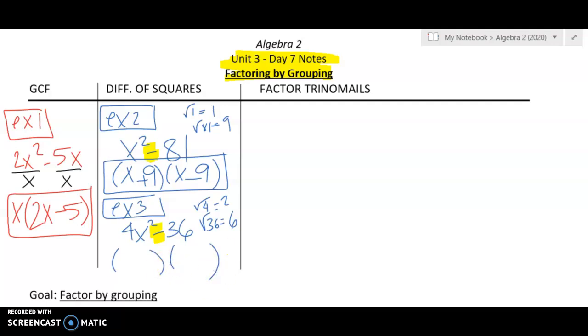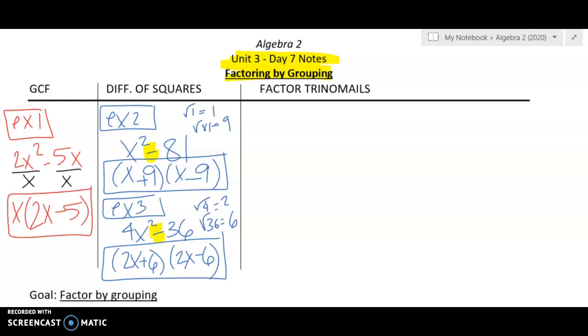This is where you need to be careful. You need to separate 4x squared. Well, 4 as a perfect square is 2 times 2. So I'll separate that, and then they get the x's next to it. And then 36 as a perfect square separates into 6 and 6. See how they're exactly the same? However, one of them is going to get a plus and one of them is going to get a minus. And that's how you would factor that.